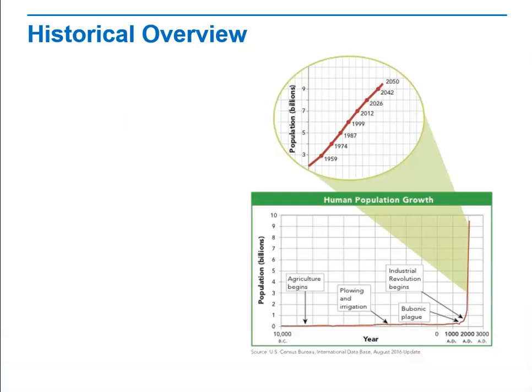Look at this graph. When we talk about the trend in data or the trend in a graph, we're talking about what that data is generally doing. If we look at this lower graph here, we see that the trend is that the human population is gradually increasing right up until around the 1500s, and then it starts increasing more and more.